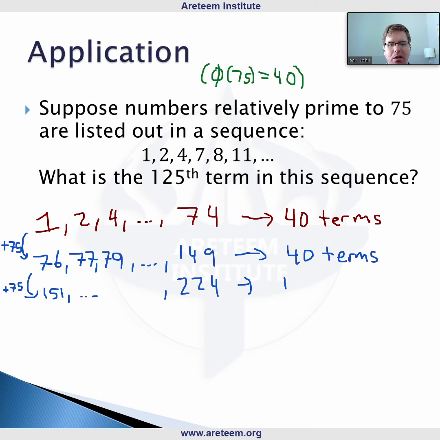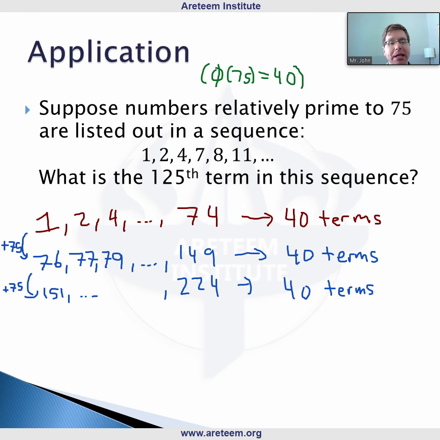So this is another 40 terms. Now, the key thing is, 40 plus 40 plus 40 is 120. So now we have 120 terms in total. So we need how many more? We just need 5 additional terms in this case.